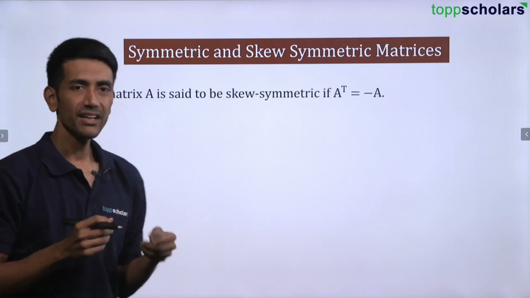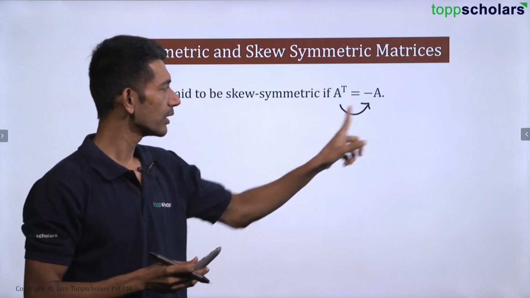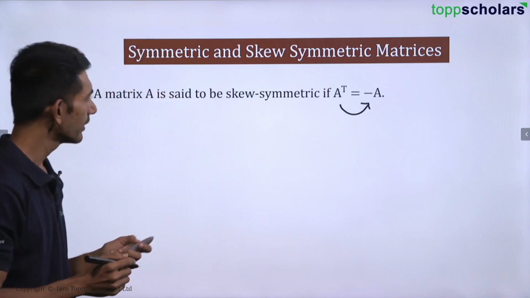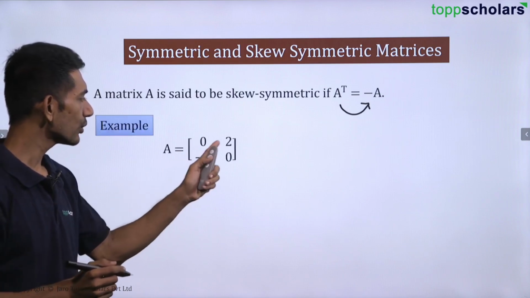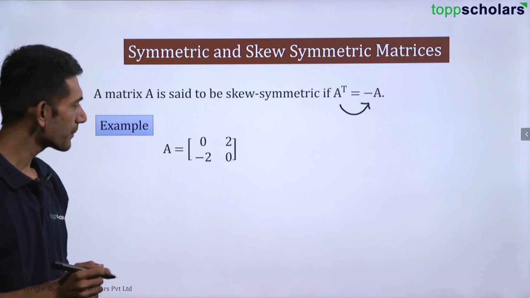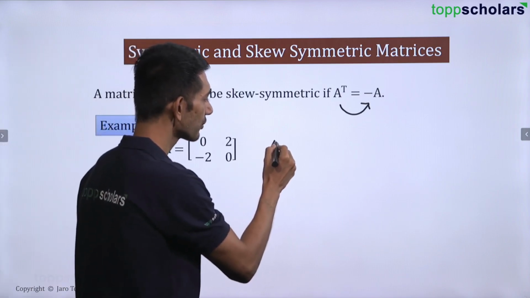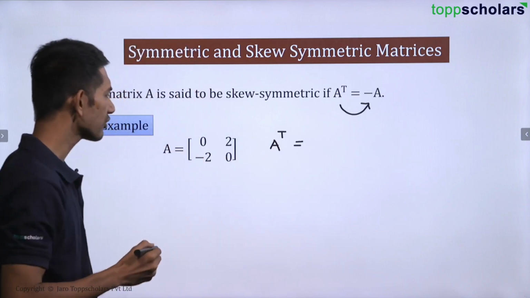A matrix A is said to be skew symmetric if A transpose is equal to negative A. So I'll give you a simple example here. Now observe, here we have A as 0, 2, -2, 0, right? Now firstly let me take A transpose. What will be A transpose here?